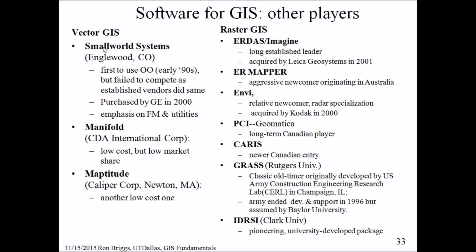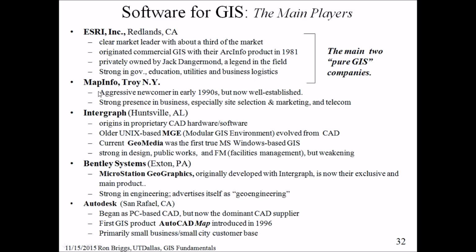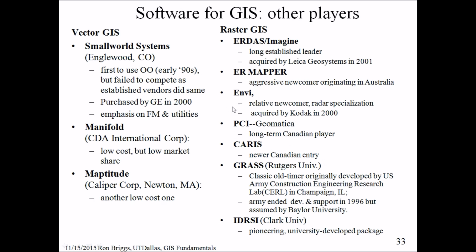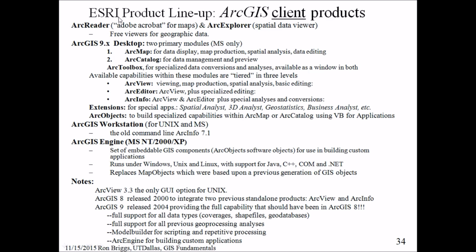For vector we have Smallworld, Manifold, Maptitude. For raster GIS we have ADAS, ER Mapper, ENVI, PCI, Caris, GRASS, ESRI, and Quantum GIS. Most of them have been taken over or purchased by others, so it may happen that when you are watching this video, one has purchased the other.